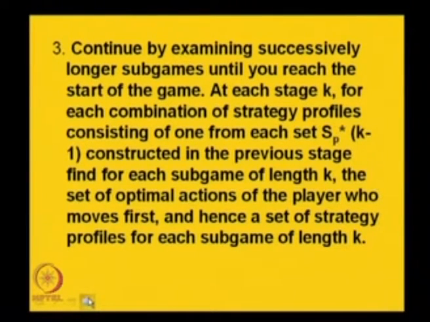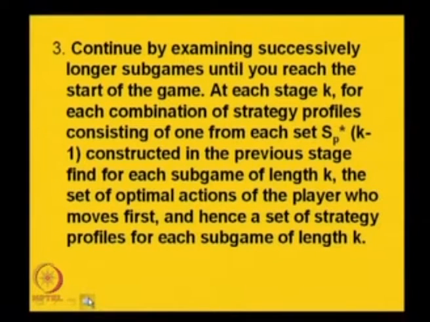This is the third stage. Continue by examining successively longer subgames until you reach the start of the game. So, this is just induction. At each stage k, for each combination of strategy profiles consisting of 1 from each set S_P star k minus 1 constructed in the previous stage, find for each subgame of length k the set of optimal actions of the player who moves first, and hence a set of strategy profiles for each subgame of length k.